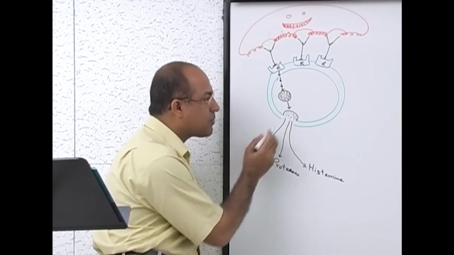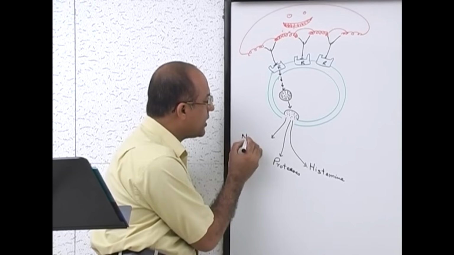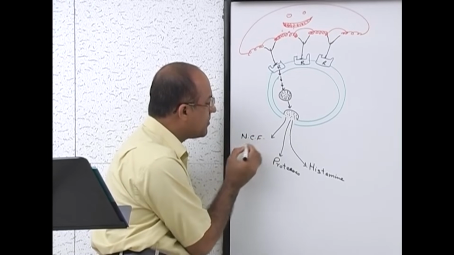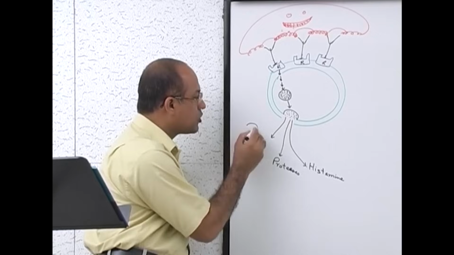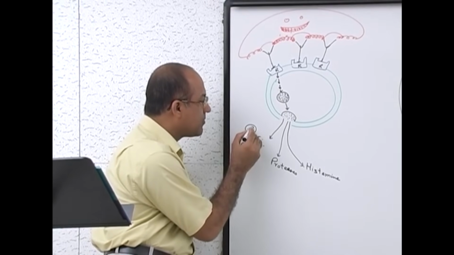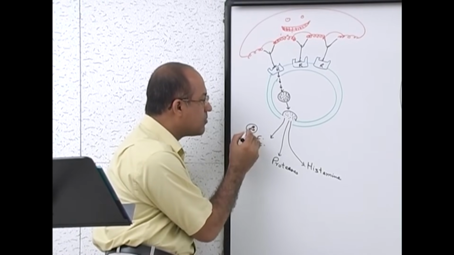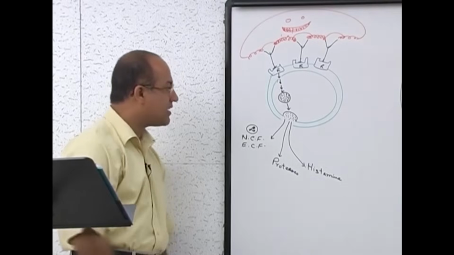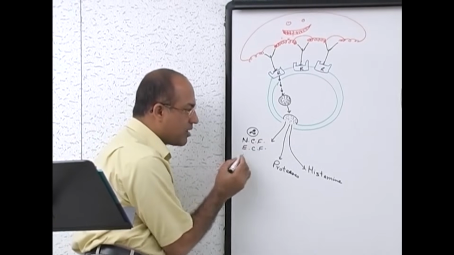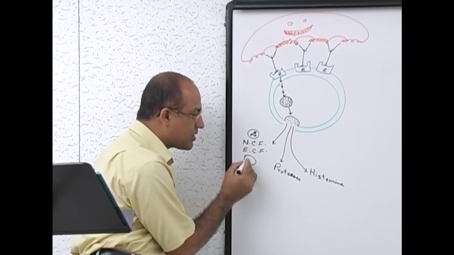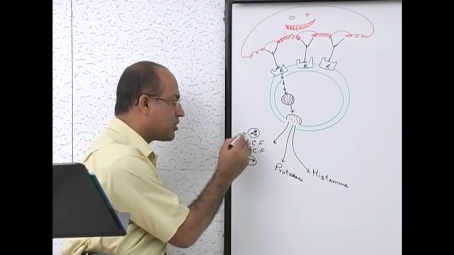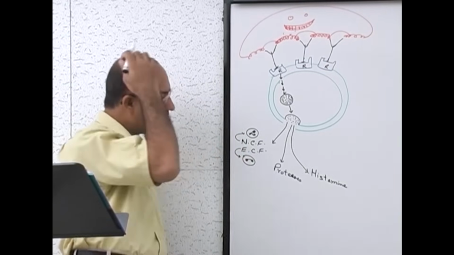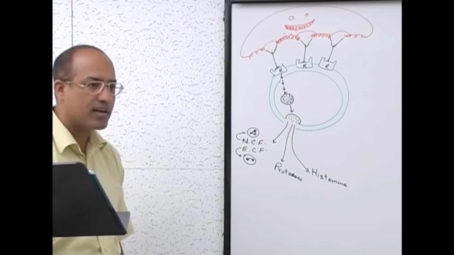Along with that, some preformed neutrophil chemotactic factor and eosinophil chemotactic factor. So neutrophils will love to come there. Now the mast cell is activated and it is calling neutrophils, as well as giving a special call for eosinophils.